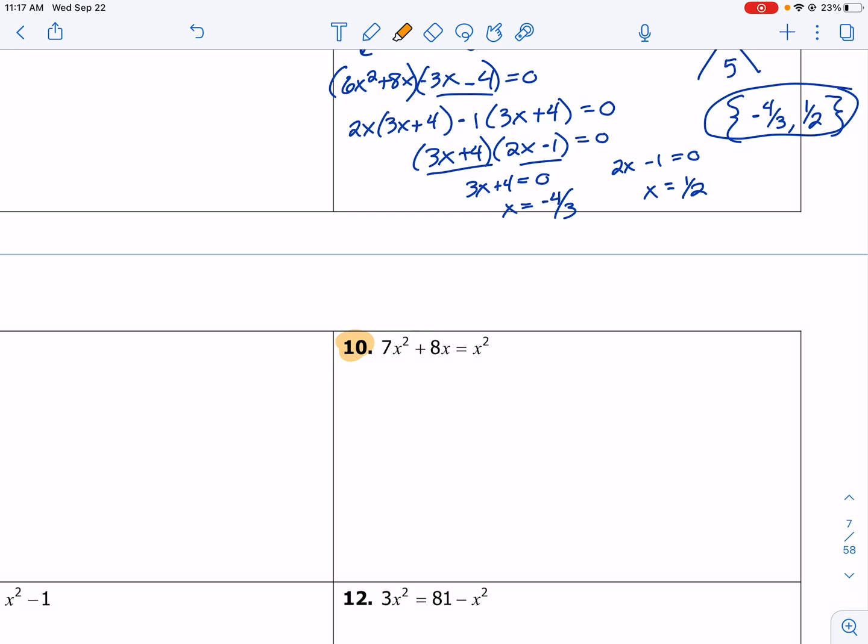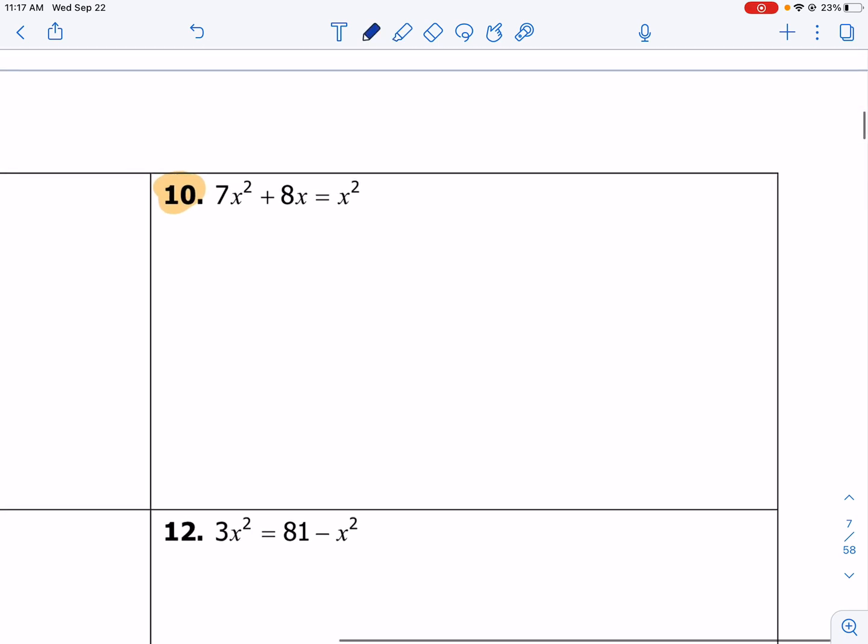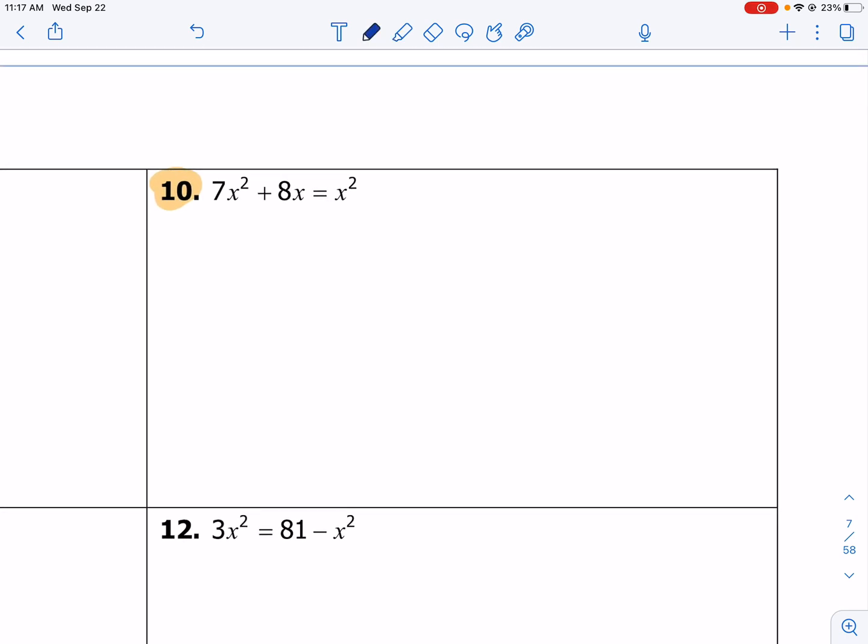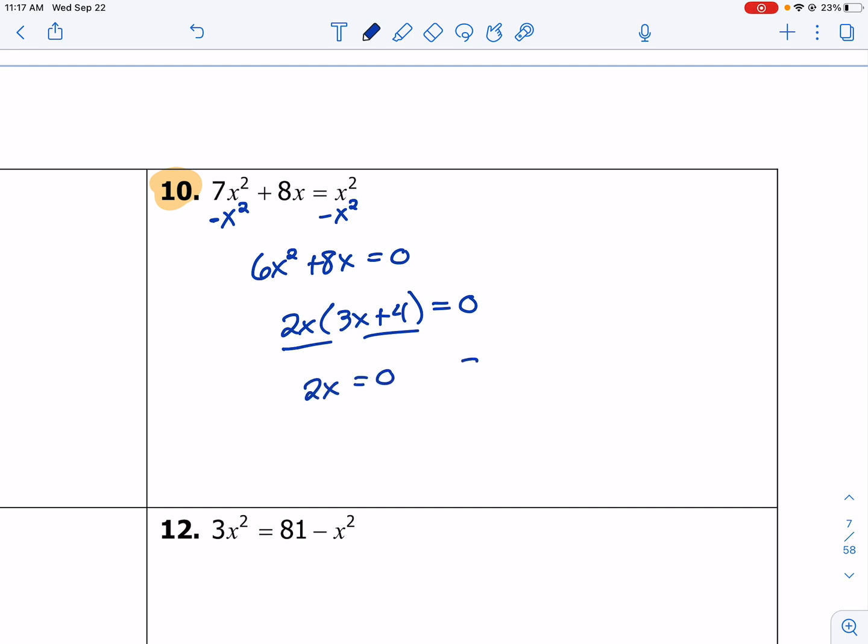Give 10 a try on your own. Remember, get everything on the same side first. Everything on the same side. Go ahead. All right, I would just move the x squared over, and now you're equal to 0. 6x squared plus 8x. You have a GCF. That would be a 2x, and we're left with 3x plus 4. Set these both equal to 0 and solve.